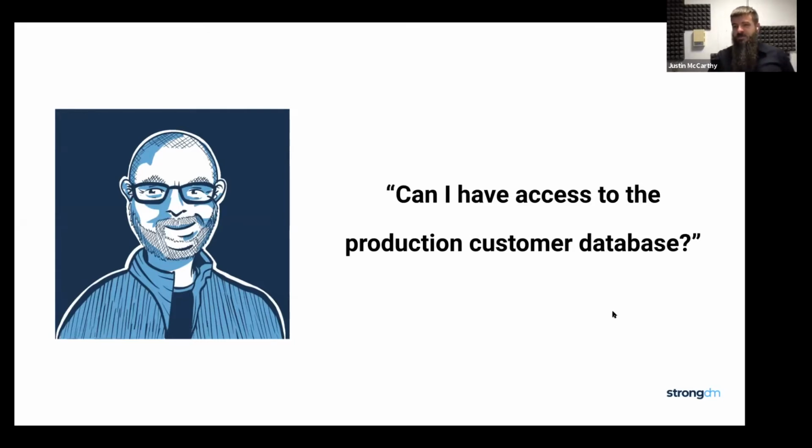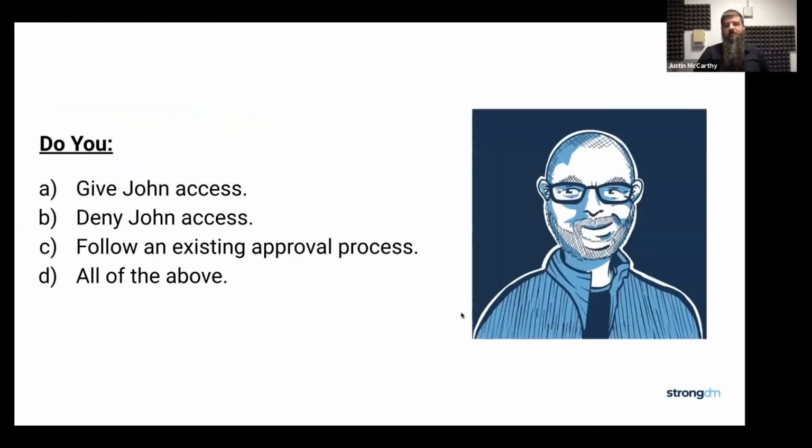Very few clues on whether we should do this or not. We don't have a way of tabulating this, so just all in our minds, we're going to contemplate and choose our own adventure here: whether we're going to give John access, deny him access, follow an existing approval process, or maybe do all the above.